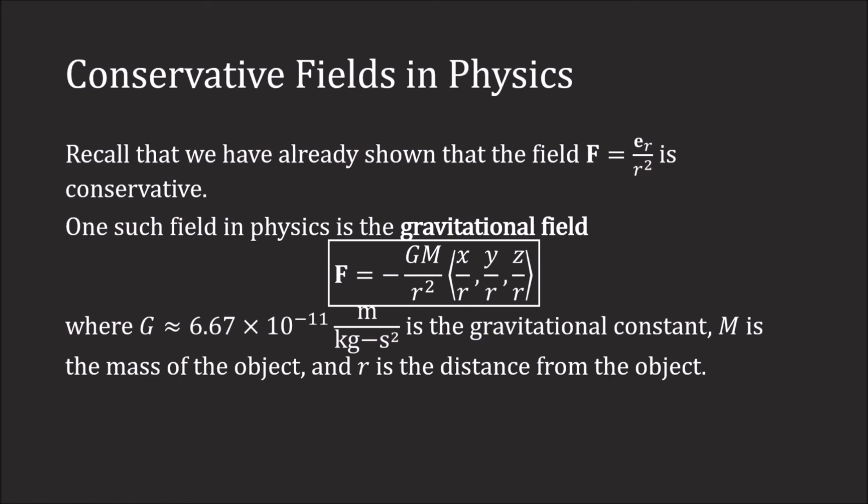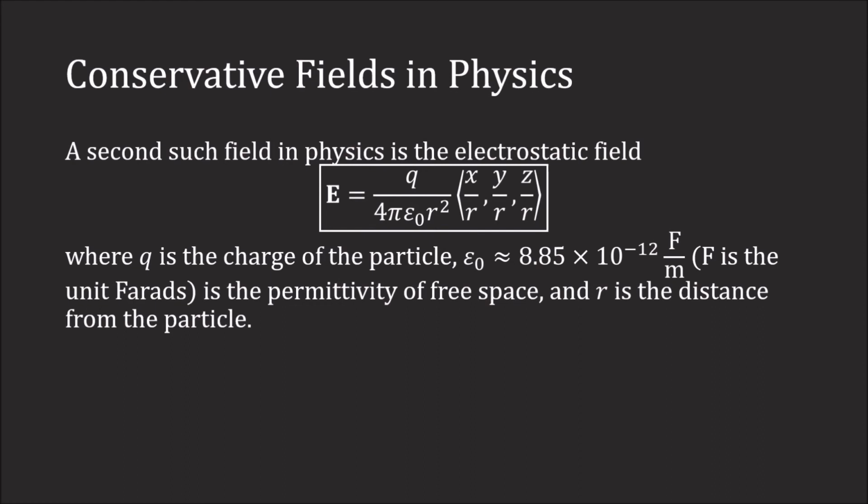A second field is known as the electrostatic field. It is Q over 4 pi epsilon naught r squared times E sub r. Q is the charge of the particle. Epsilon naught is approximately 8.85 times 10 to the negative 12, with units of farads per meter. This is the permittivity of free space.